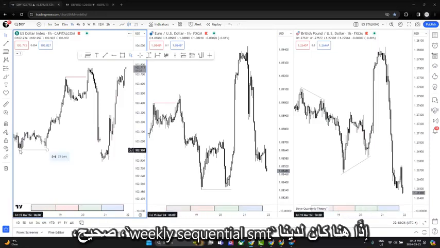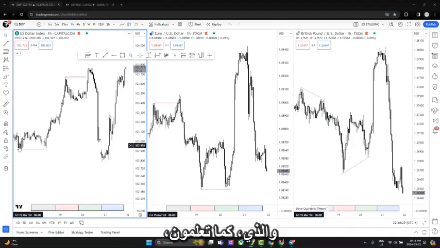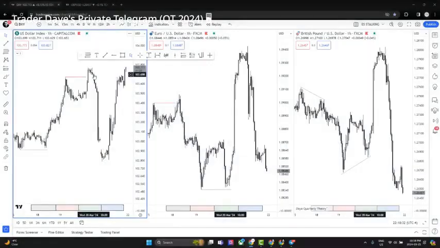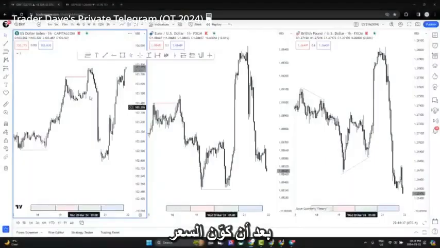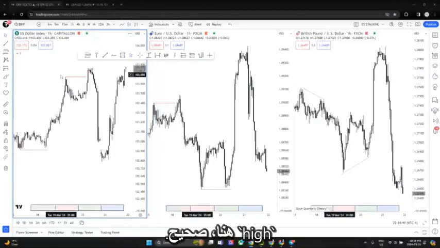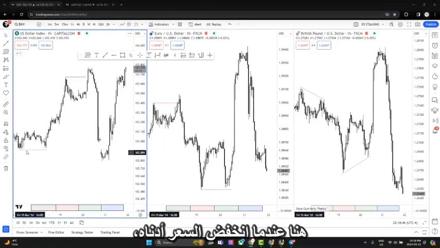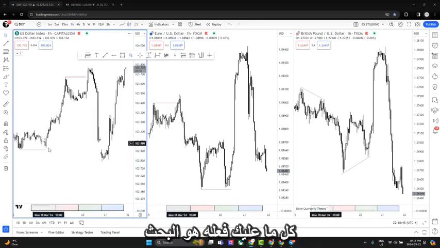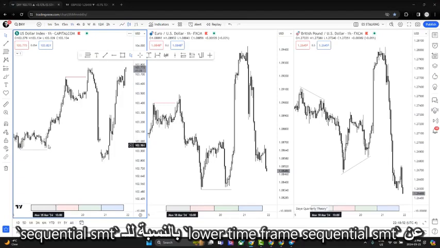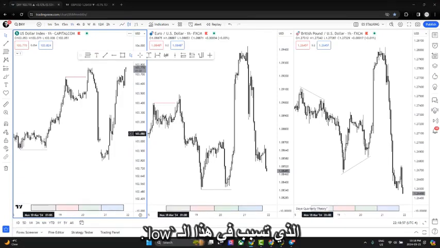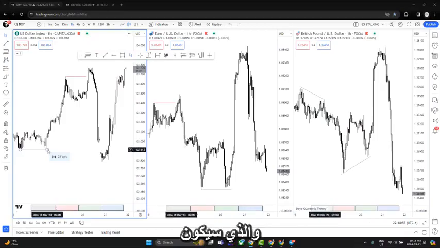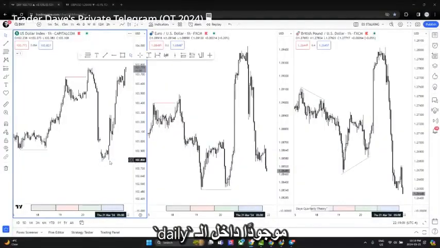So here we had a weekly sequential SMT, which became sell side liquidity after price created a high right here. When price fell below here, you just need to look for the lower time frame sequential SMT to the sequential SMT which caused this low, which would be found within the daily cycle.